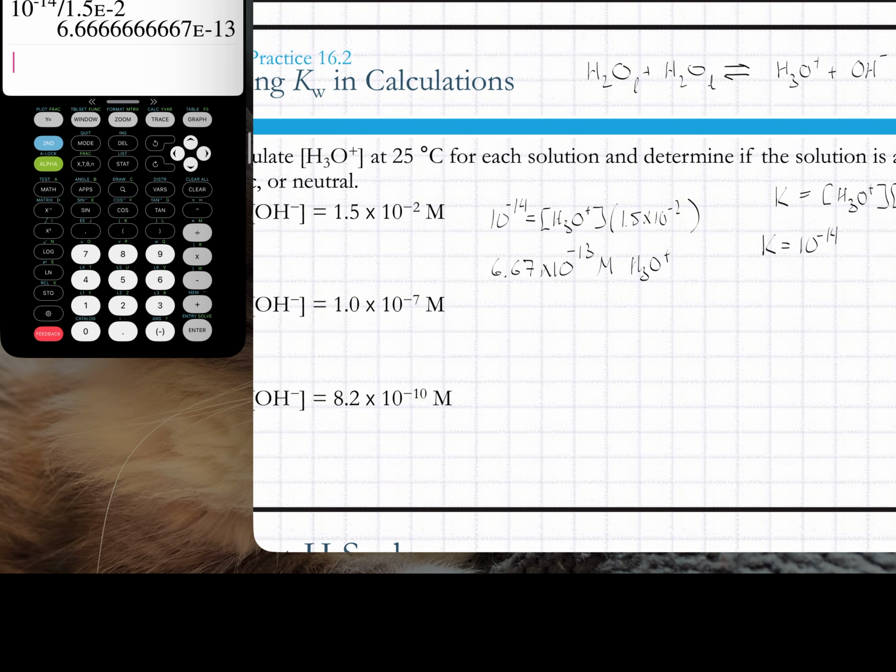Is that more or less than 10 to the negative 7? Less. A lot less. A million times less. So is it acidic or basic? Or neutral? Basic.